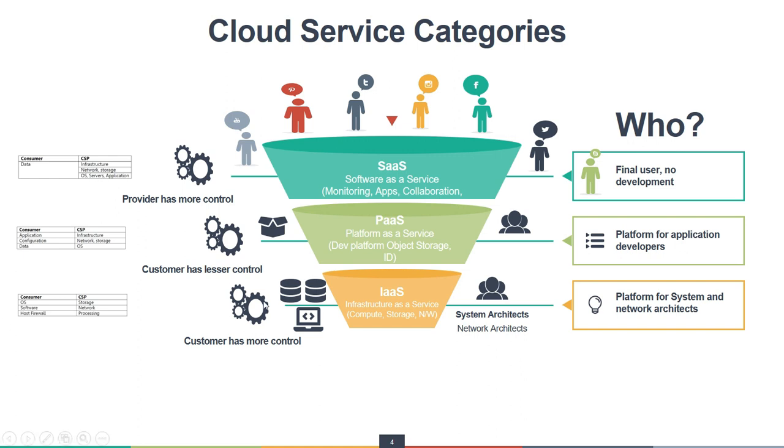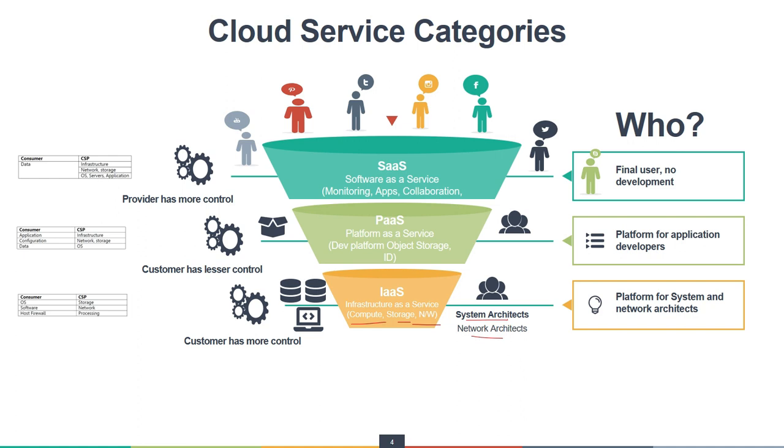Starting from the underlying control, which is the IaaS, infrastructure as a service. What we offer here is the compute, storage, and network capabilities, which are being used by the system architects and network architects to design these resources, align them with the organization's cybersecurity policies and needs, and mitigate those risks.